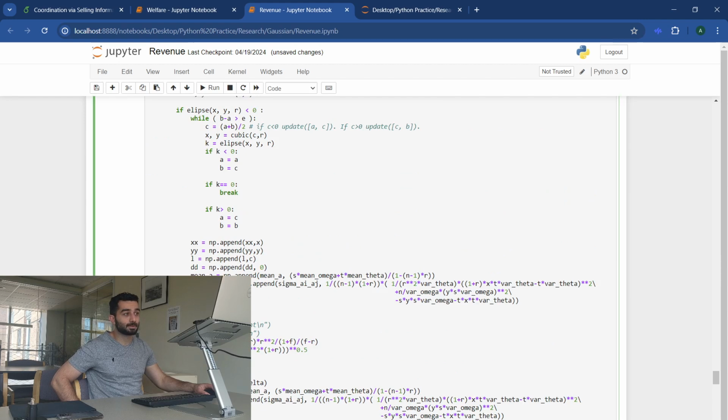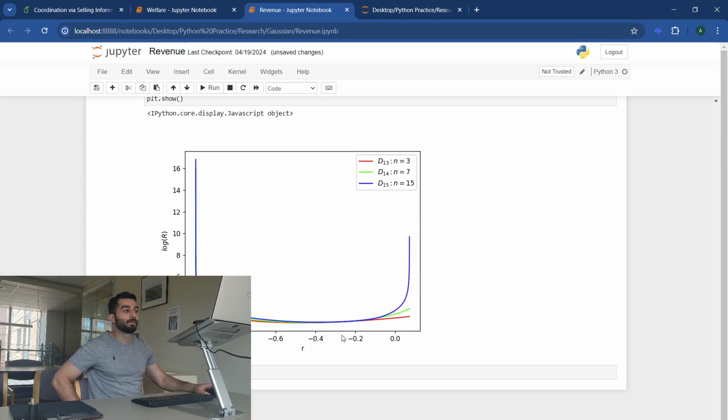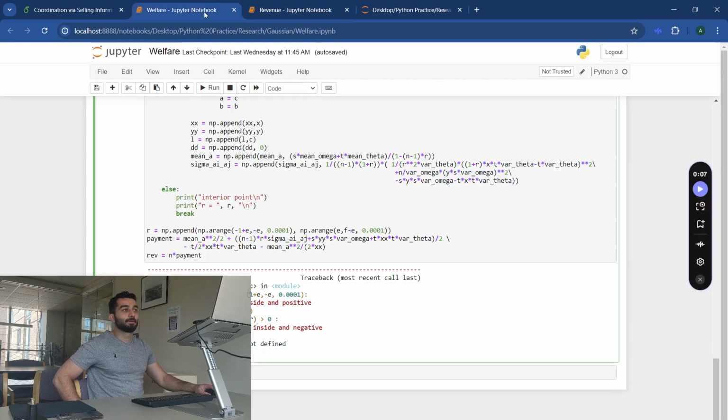But when R is positive, it's impossible to have. Perfect.